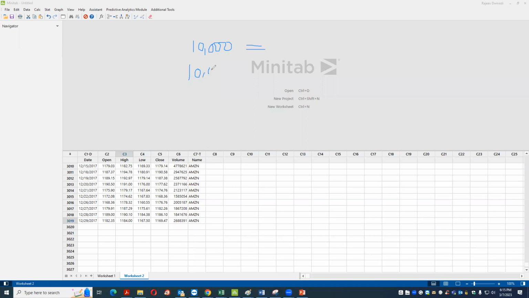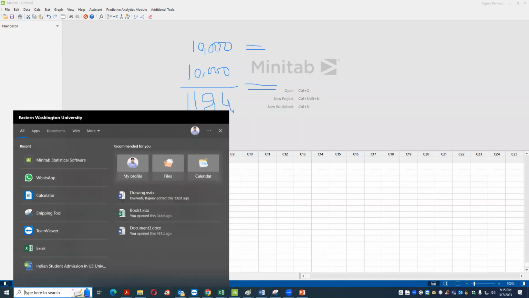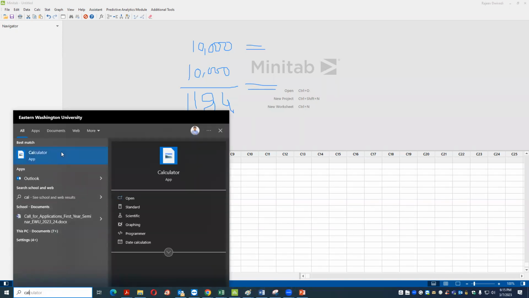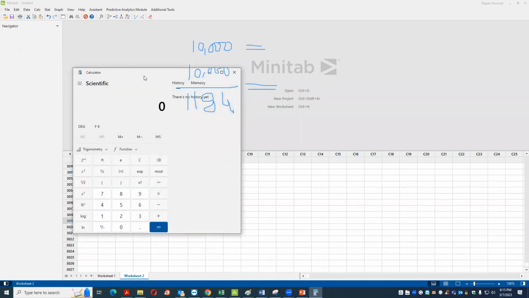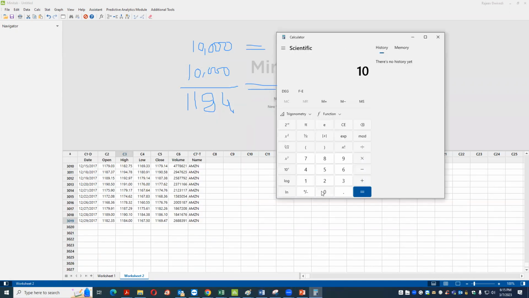10,000 divided by the price of a stock. 1184 is the price. How many can I buy? Precisely, if I do the calculation using a calculator, 10,000 divided by 1184 is about 8.45.